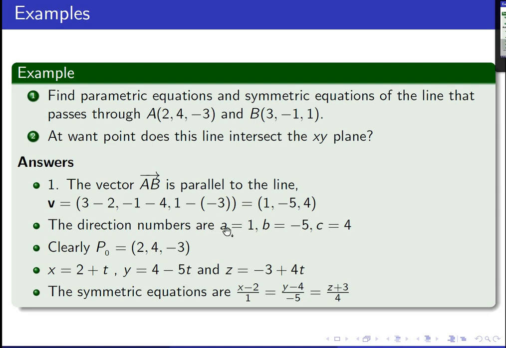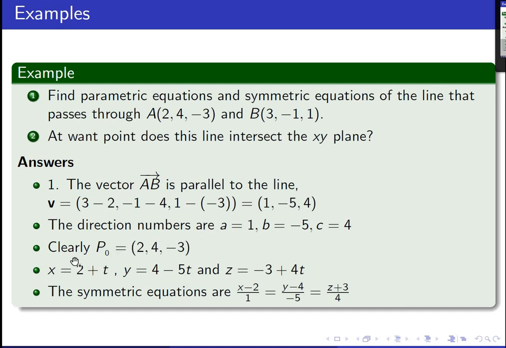So we have that our direction vector is this one, and our initial point is A, which is 2, 4, and negative 3, which means that our parametric equation for the x component will be 2 plus t, because a is 1.